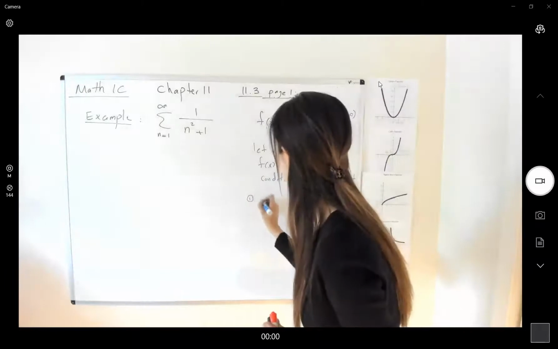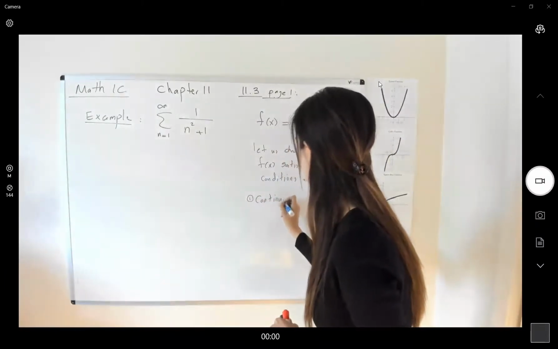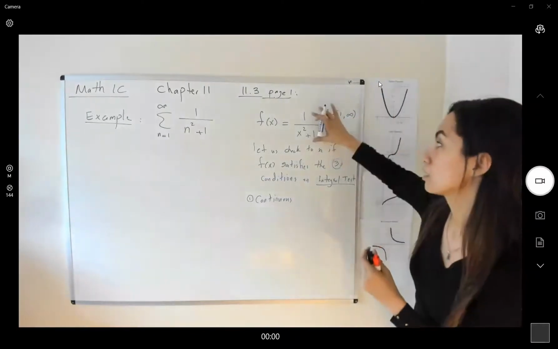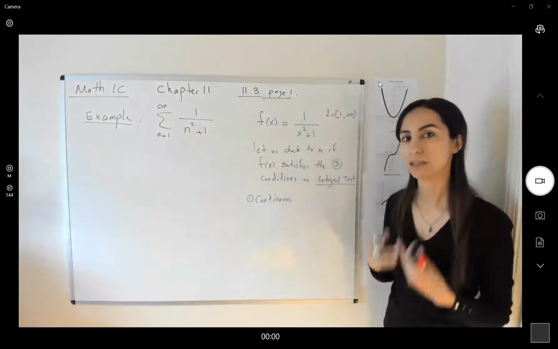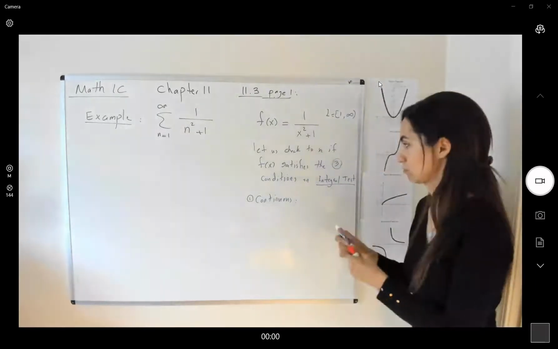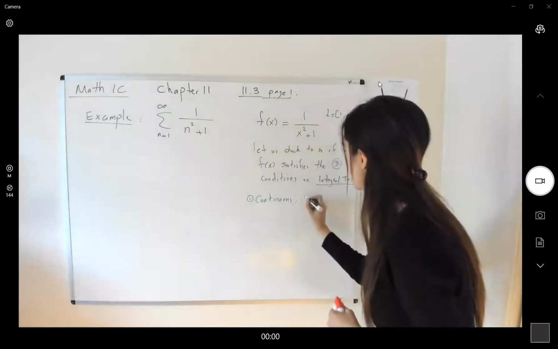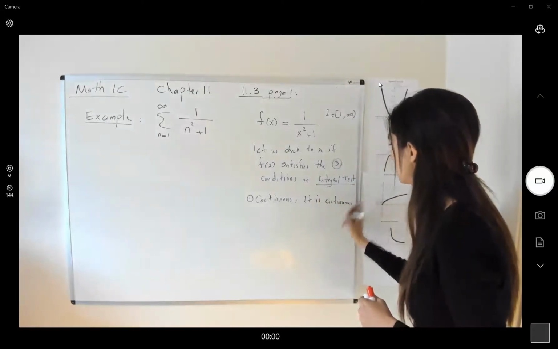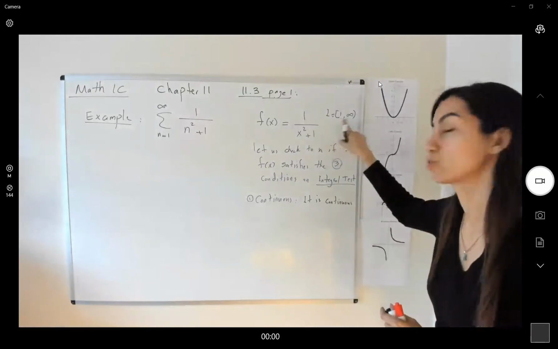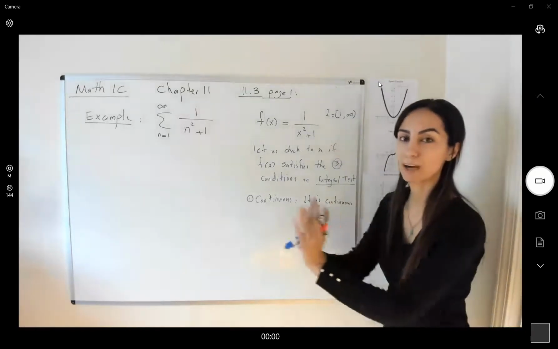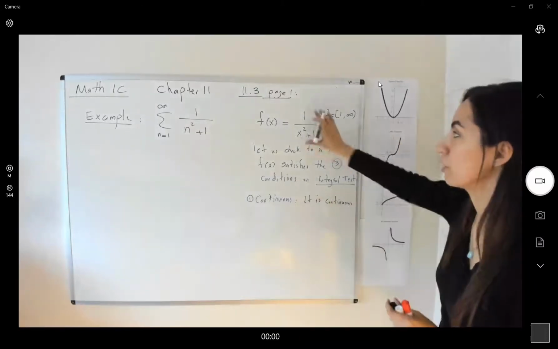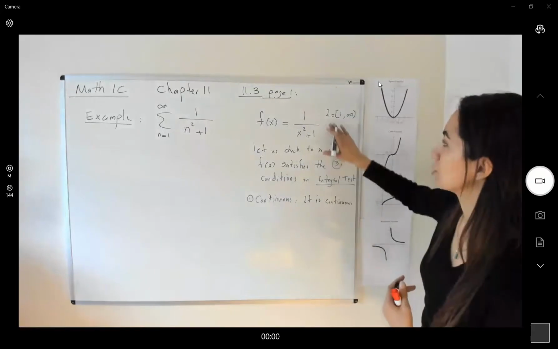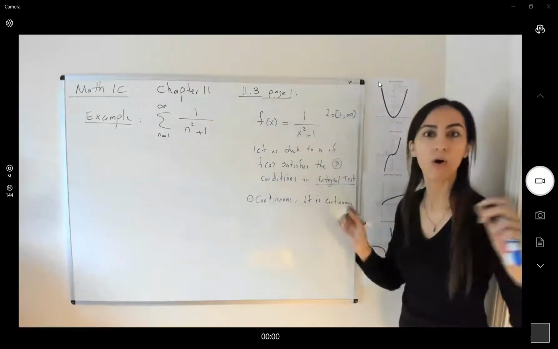Is it continuous? Of course, you have a rational function and the domain is R. It is continuous on 1 to positive infinity. I'm not talking about the left-hand side of this graph. I'm talking about the right-hand side of this graph, which is continuous with domain R, all numbers are included.